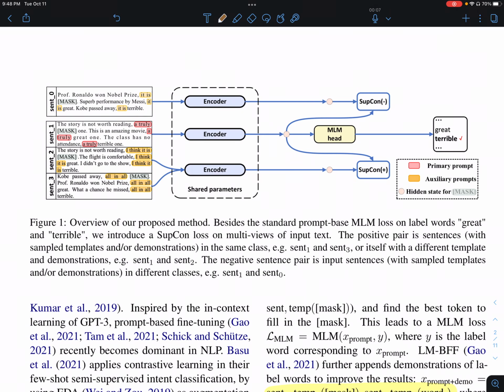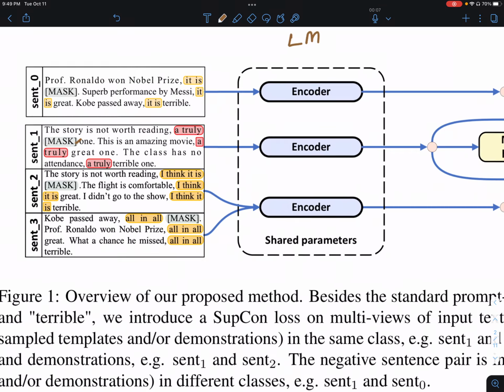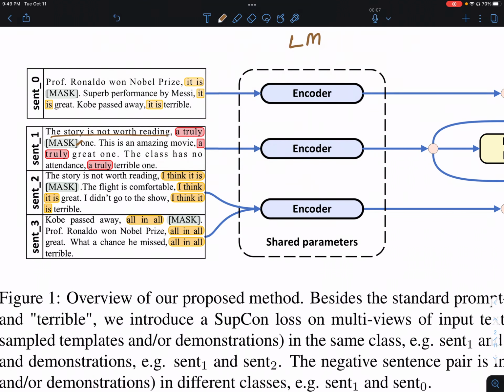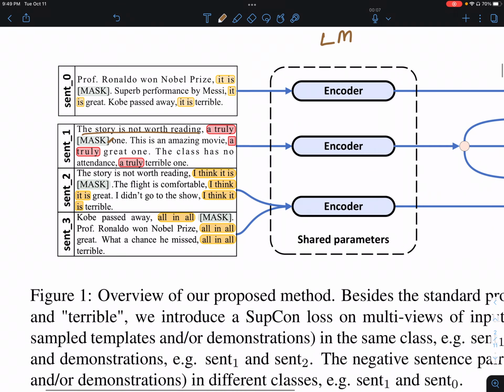So they have a language model, and they present it with prompts. The input is basically converted into a prompt, which usually has a mask, and this mask is supposed to be predicted by the language model. Here, for example, the story is not worth reading is the input, and you have a sentiment associated with the input.